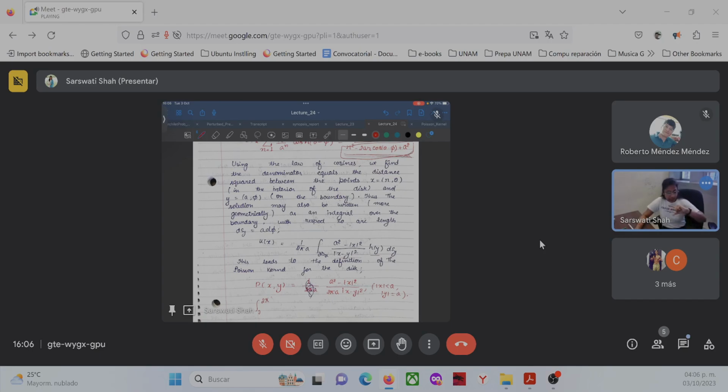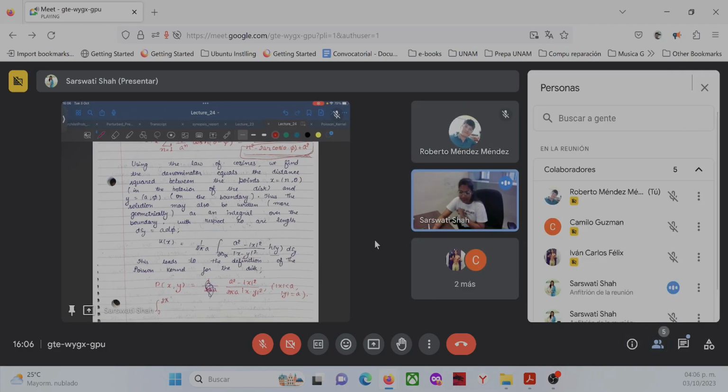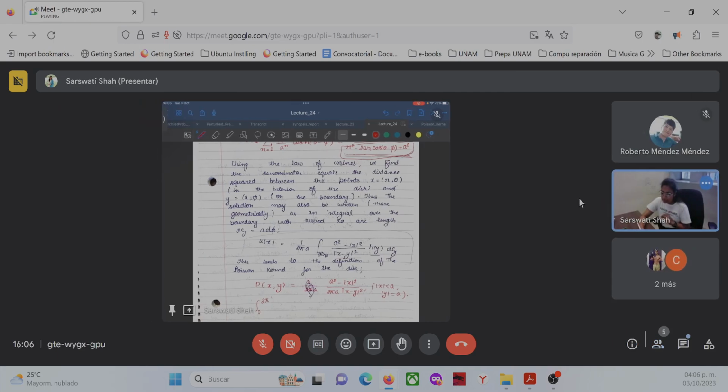It means we are defining this integration on the boundary: the integral of (a square minus modulus of x square) upon modulus of x minus y square, times h(y) ds_y. So it can be written in this Cartesian coordinate. This leads to the definition of the Poisson kernel for the disk in the Cartesian coordinates, and h(y) is the boundary value, so the weighted function will be this one with the product of this one.